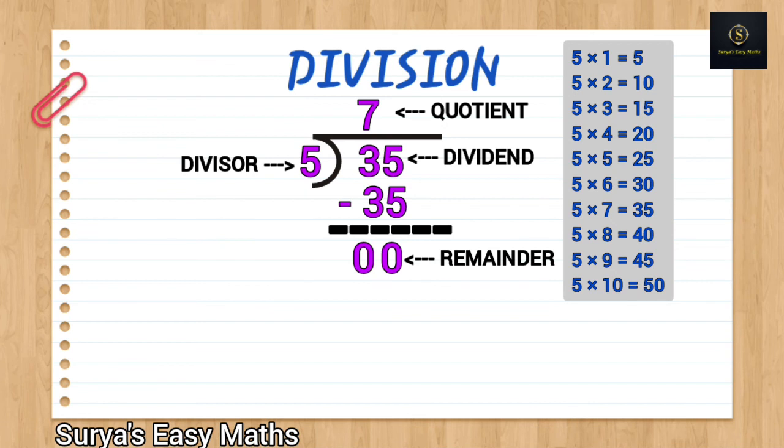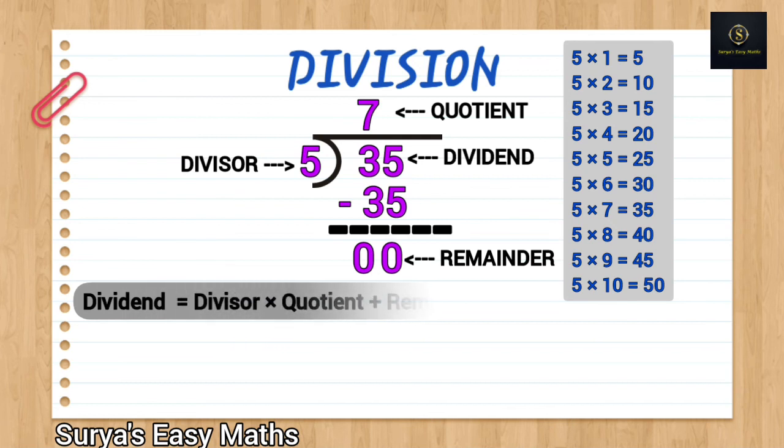Now let us check with the help of the formula. Dividend is equal to divisor into quotient plus remainder. Now let's see in the sum and apply the digits. So see the dividend, it is 35. So we have written here 35, equals sign as it is.